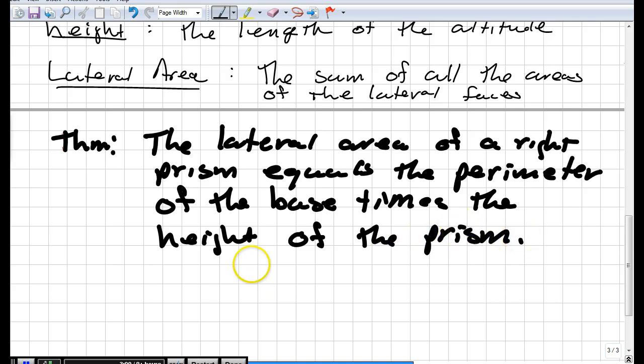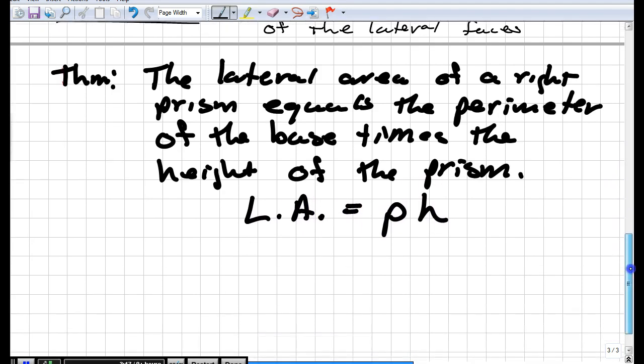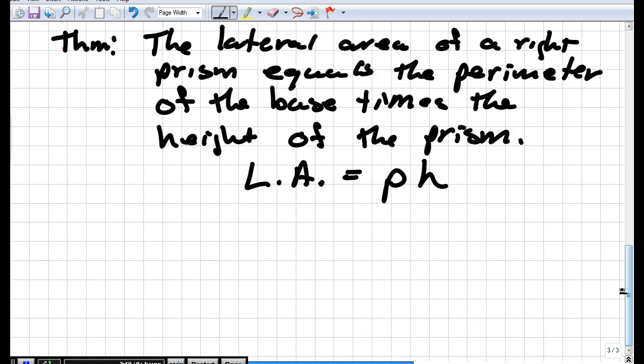So in other words, lateral area equals perimeter times height. And again, we can just find the area of each of the lateral faces and add them up, but this is a quick way to do it.